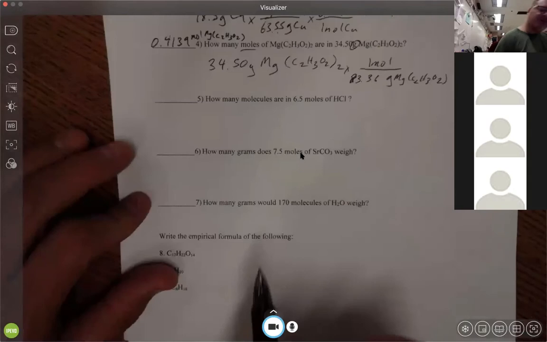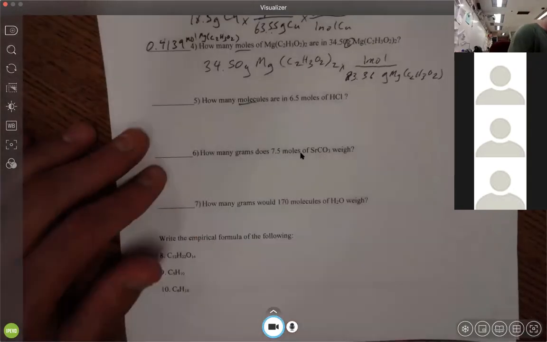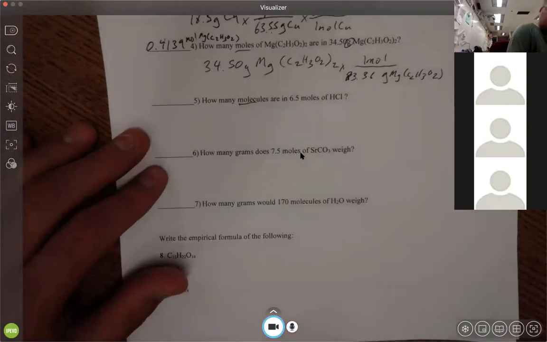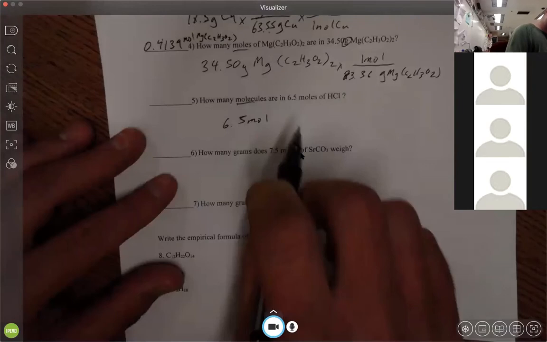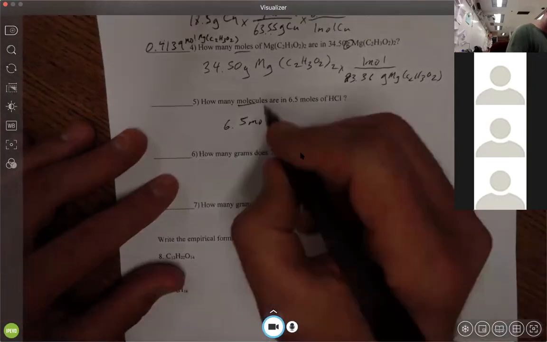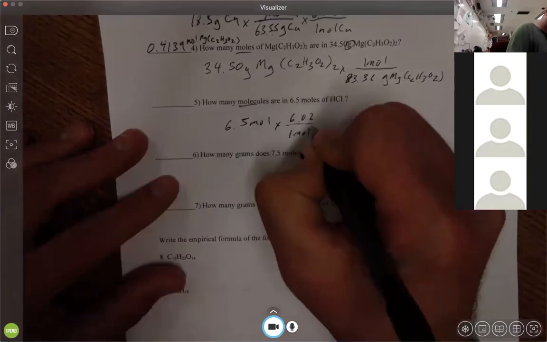So we know we're using Avogadro's number, 6.02 times 10 to the 23rd. 6.5 moles. Every 1 mole is 6.02 times 10 to the 23rd molecules.